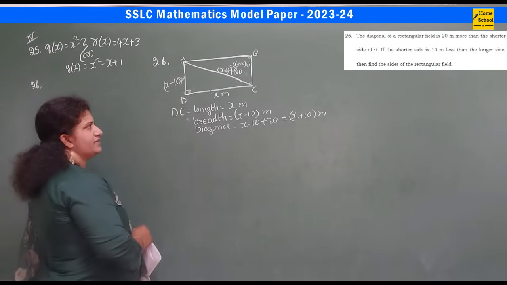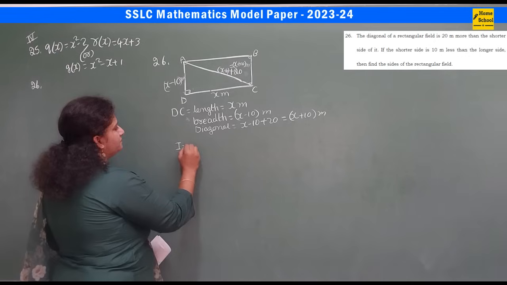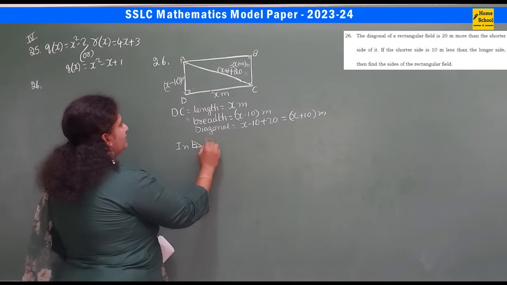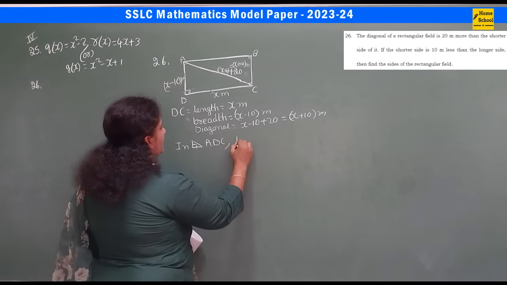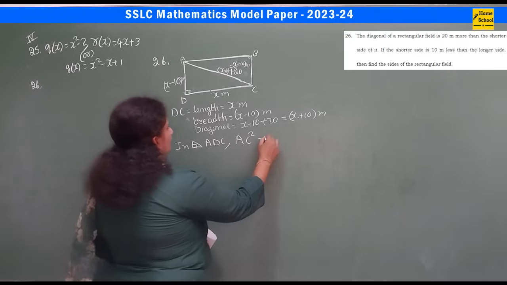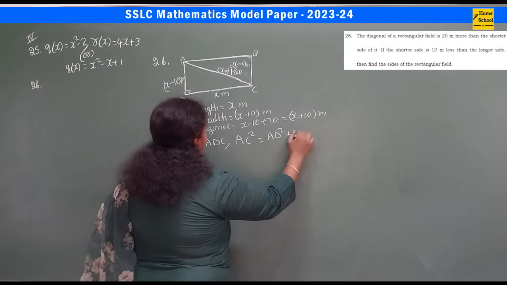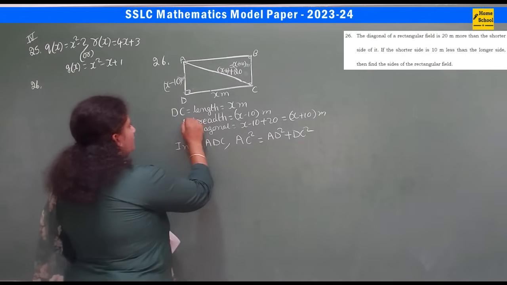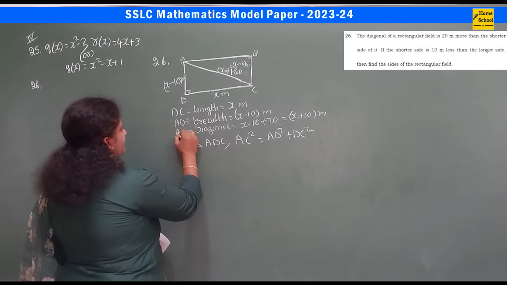How can we find this? You can see a right angled triangle. In right angled triangle ADC, apply Pythagoras formula. AC square is equal to AD square plus DC square. Breadth I am assuming here AD, diagonal AC.